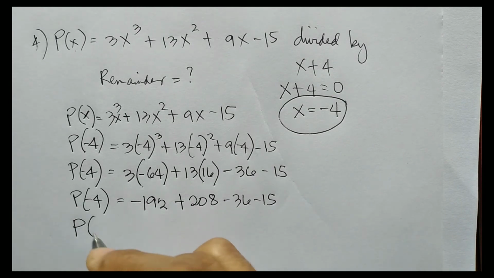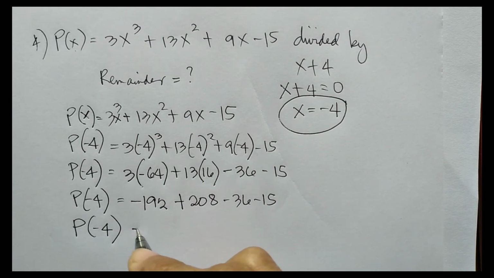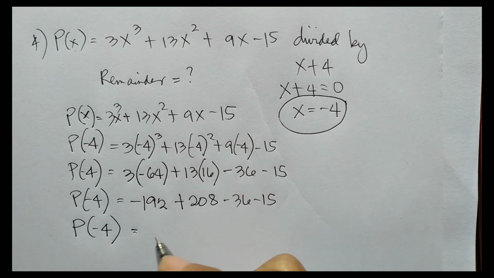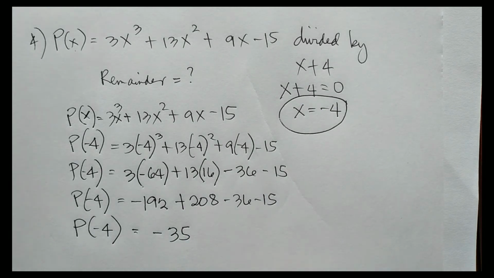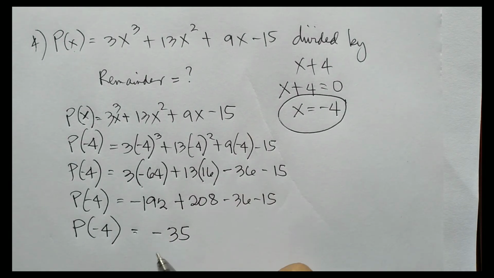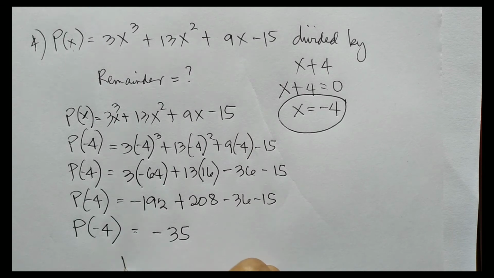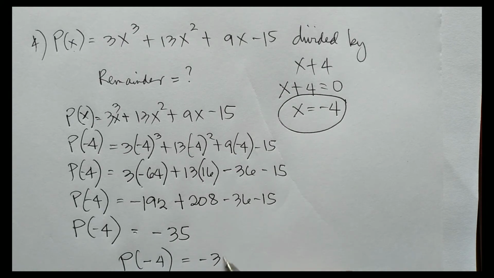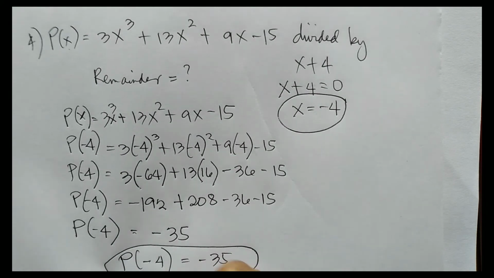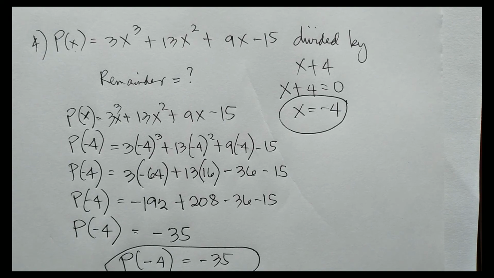So, p of negative 4, evaluating these numbers, we have negative 35. So, our remainder is negative 35. So, p of negative 4 is negative 35. That is our remainder.